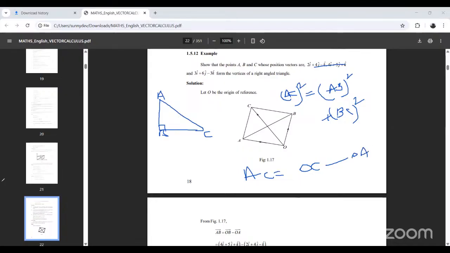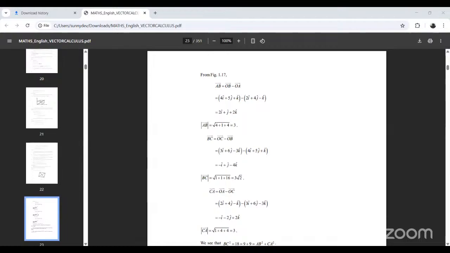Listen here. AB equals OB minus OA. So AB equals OB minus OA.